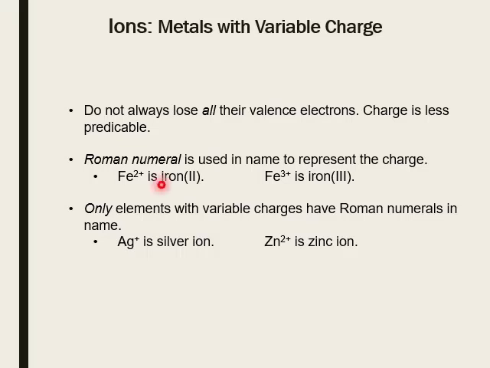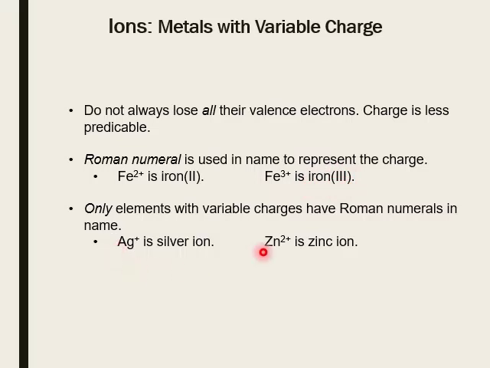For example, if we have iron 2 positive, in the name we will write iron followed by Roman numeral 2 in parentheses. Similarly, iron 3 positive is represented by iron with Roman numeral 3 in the name.